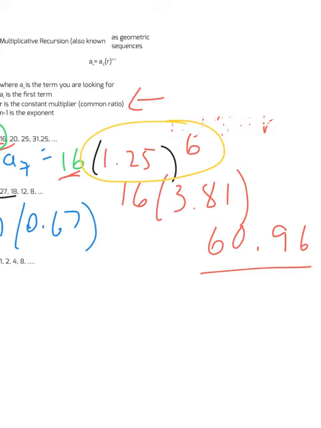And again, we're raising everything to the seventh term, so your exponent will be a 6. Take your calculator, 0.67, raise it to the sixth power, and you will have 0.09, and then multiply it by 27, and it's 2.43.